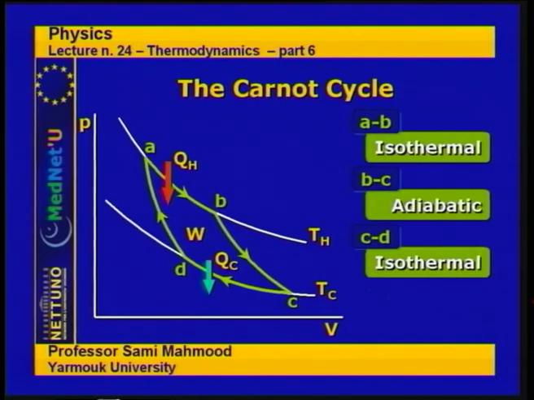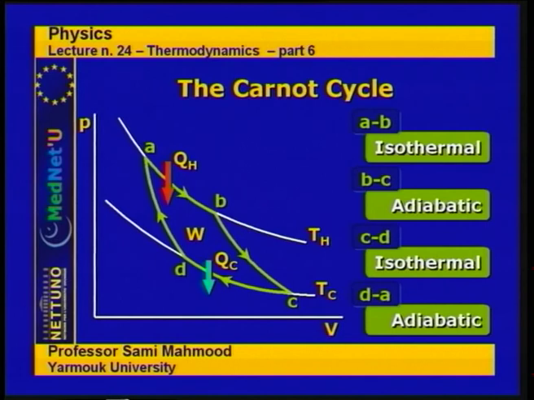And the fourth stroke, DA, is an adiabatic process, and this adiabatic process takes the system from the state at point D, where it is at temperature T sub C and volume V sub D and pressure P sub D, up to the initial point adiabatically.